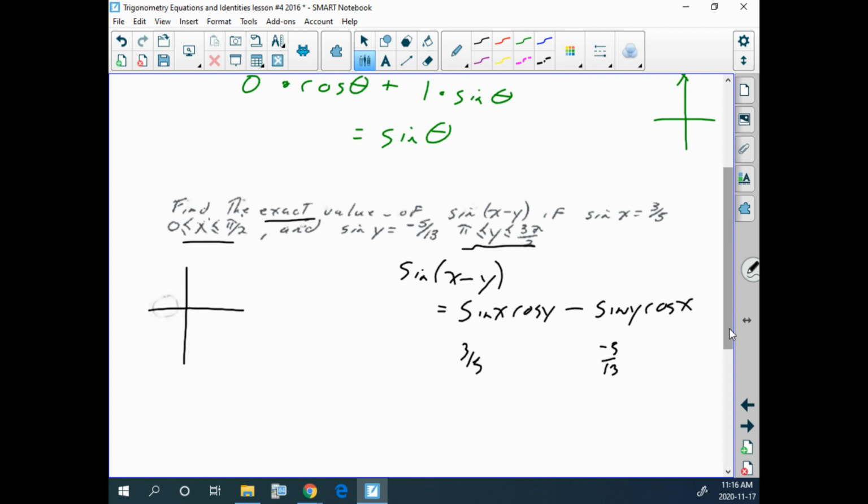We're in the first quadrant, 0 to pi over 2. Sine is opposite over hypotenuse. Using Pythagorean theorem, I know that that's going to be 4. I also use the fact that that's a Pythagorean triple, 3, 4, 5. 3 squared plus 4 squared is equal to 5 squared. So now I can find cosine of x, which is 4/5, positive.